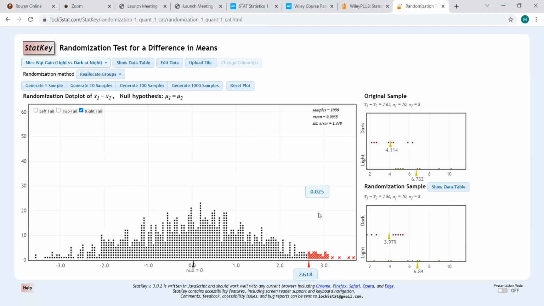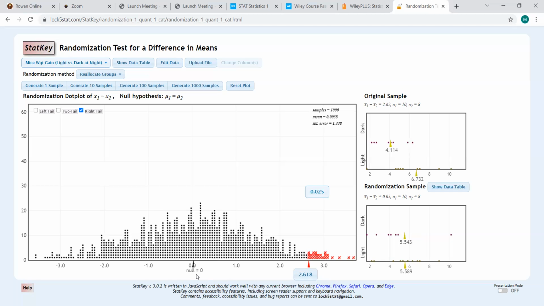So we may be inclined at this point to say, since there's only a 2.5% chance of getting the sample that we got, with the understanding that the population null hypothesis has a difference of 0, then maybe the null hypothesis isn't really true.